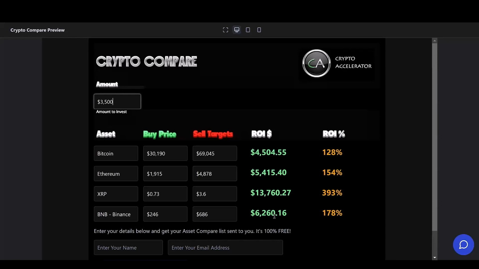For me, I would look at the top 40, the top 50, and I would break down the top 10, then the top 20 to the top 10, then the top 30 to the top 20, and I would see which asset out of each bracket of 10 has the highest ROI, and then build a plan around that.